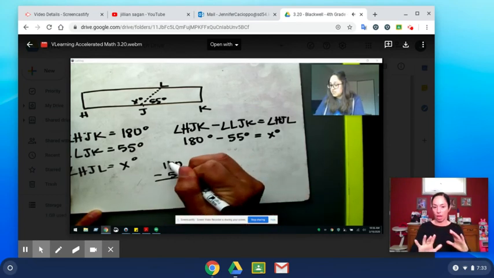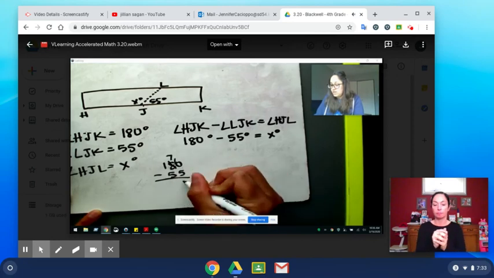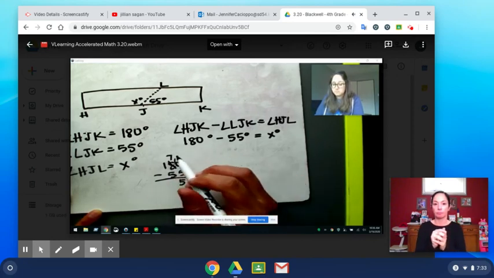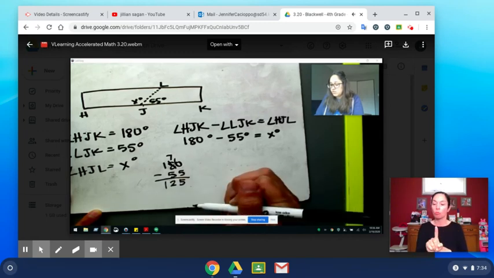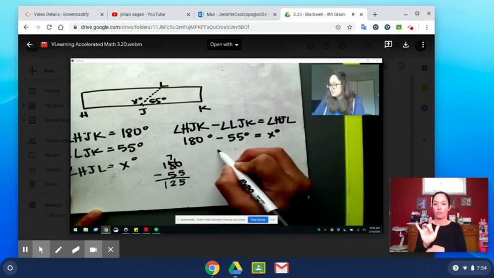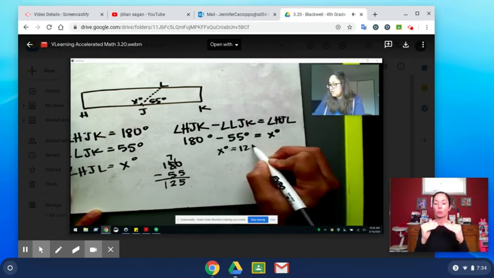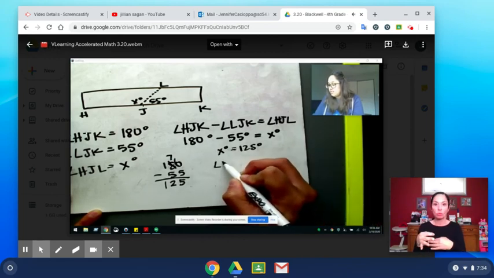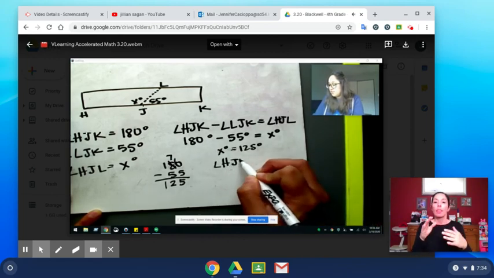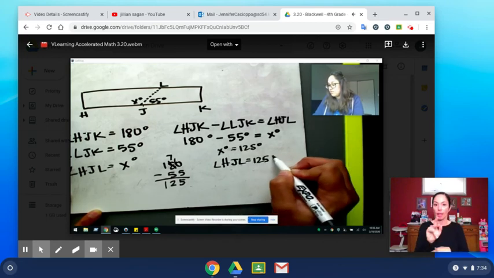I can't subtract 5 from 0, so I need to regroup. 10 minus 5 is 5. 7 minus 5 is 2. And there's nothing there, so I'm going to bring that 1 down, and I get 125. So X equals 125 degrees, right? So the measure of angle HJL is 125 degrees.